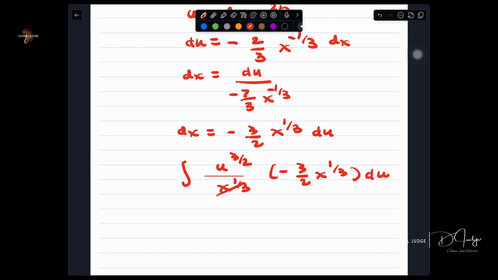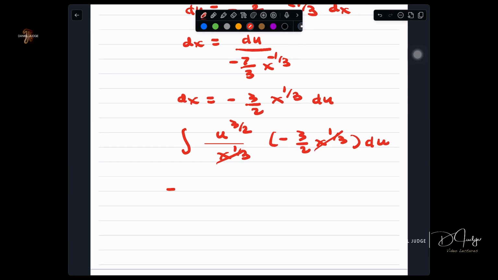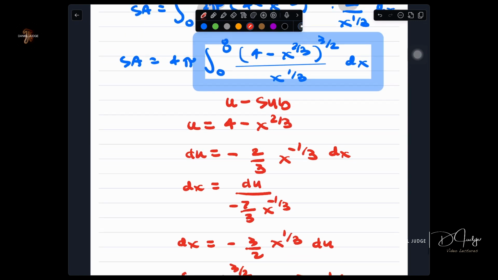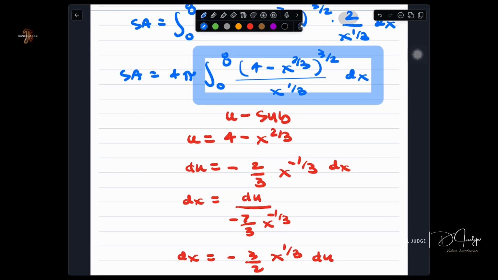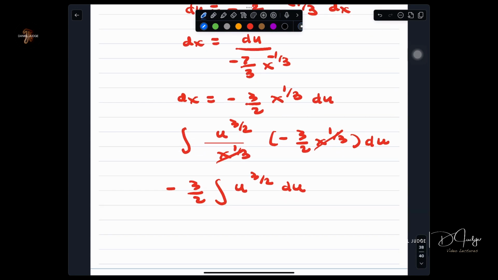So we have cancellation here: negative 3/2 integral of u to the 3/2 du. Now, we're going to change the limits. Remember, this is the limit as x is 0 and x is 8. I'm going to bring down our 4 pi. Let's remember that constant. Now, we're going to have to write the limits for u here.